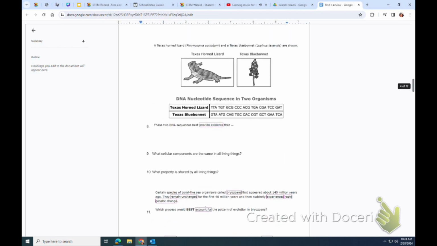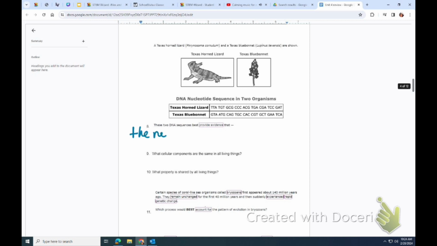Number 8. This is that one we've seen before, the Texas horned lizard and the bluebonnet. These two DNA sequences provide evidence that... Does anybody remember? Xander, you want to try? Yes, that is the gist of it. It may be a different order, but it's still the same genetic code. Let's word it like this.